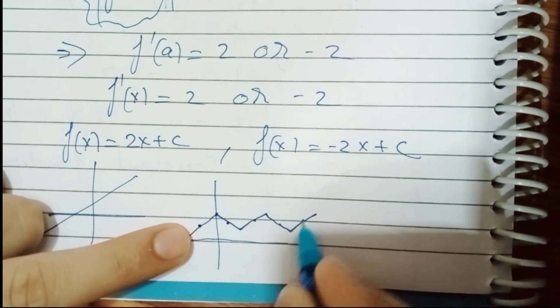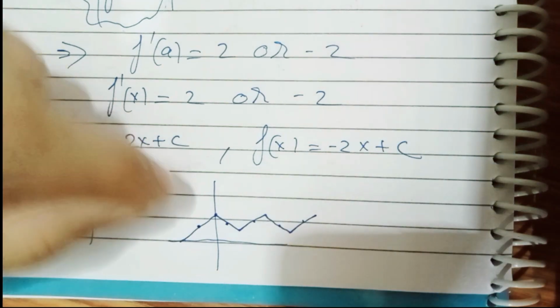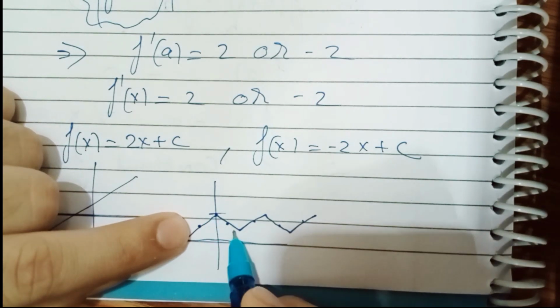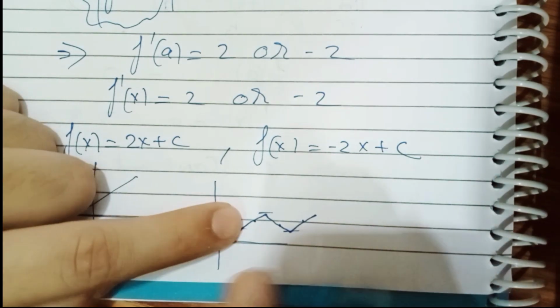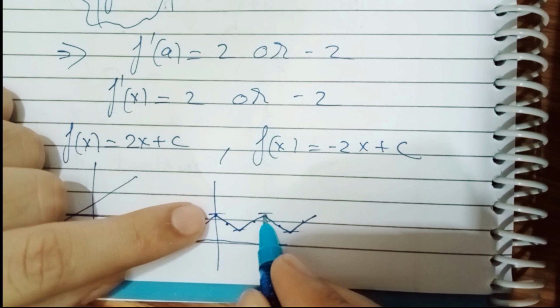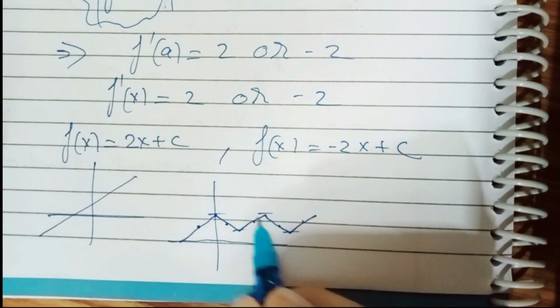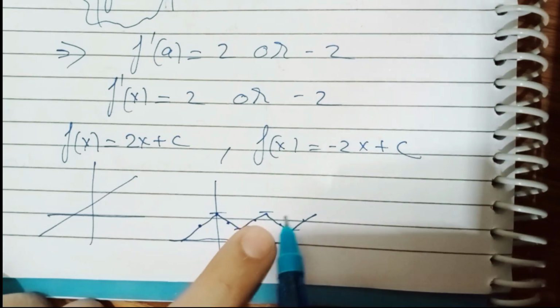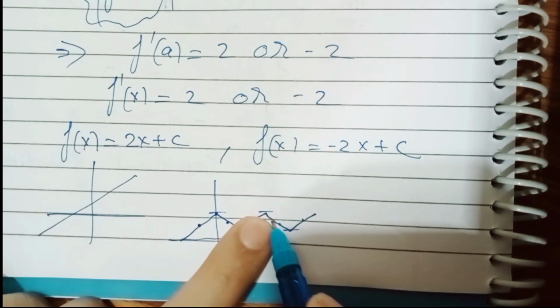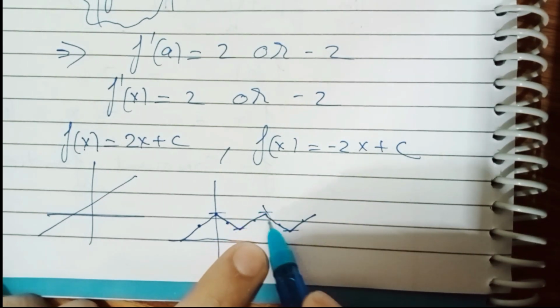And derivative at this point does not even exist, because at this point we can draw two tangents. One tangent would be this and the other one would be this. This would have slope -2, this would have slope 2.